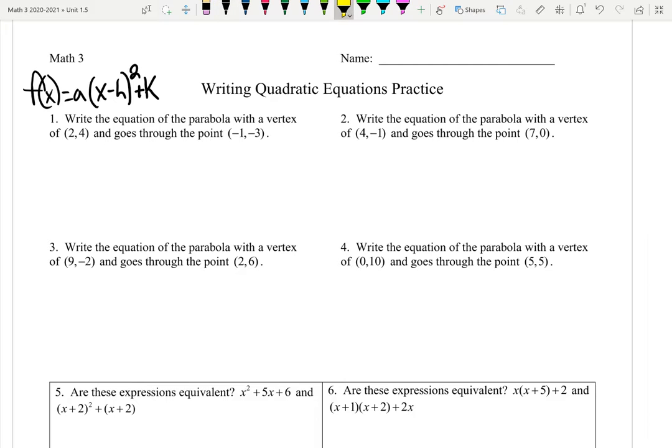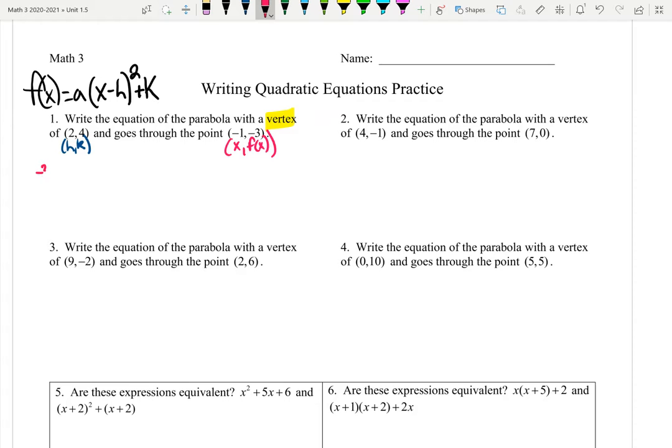The vertex is going to be h comma k, and the point it passes through is going to be x and f of x. Use these values to generate the a value.